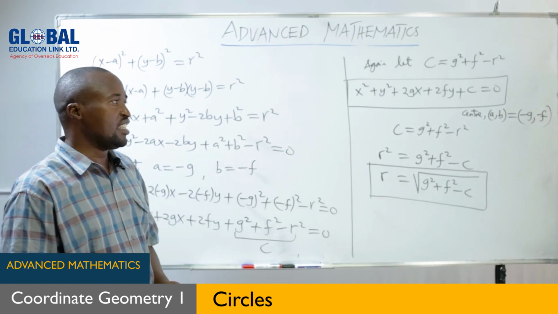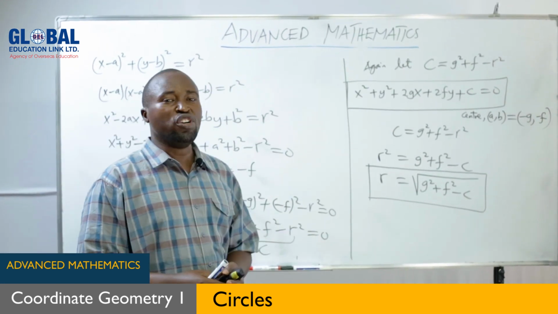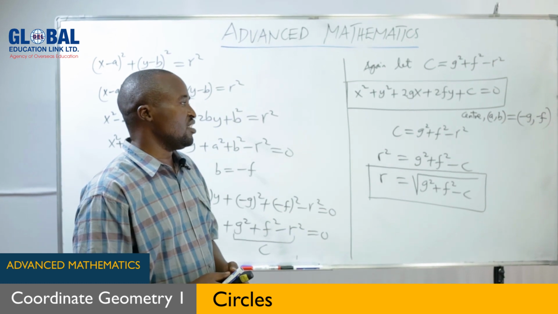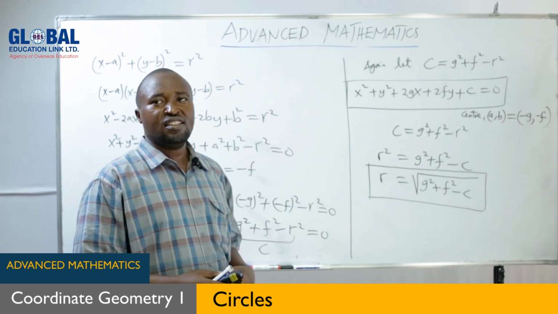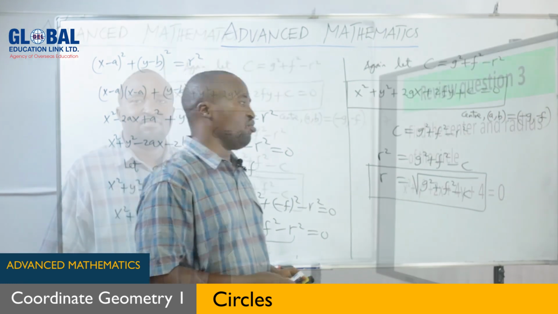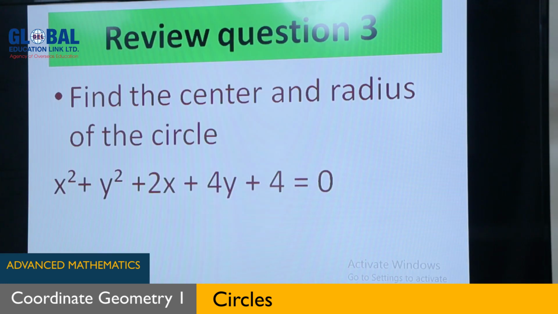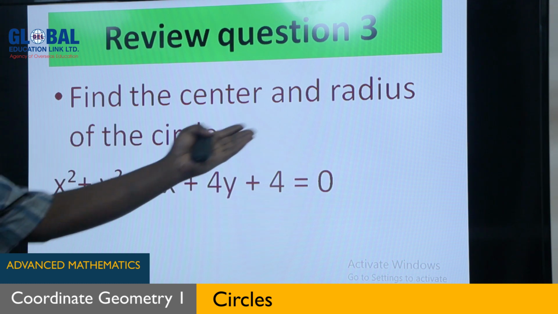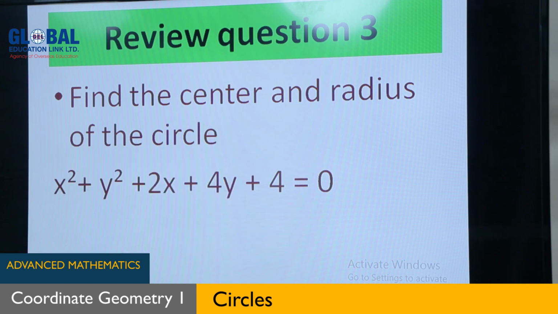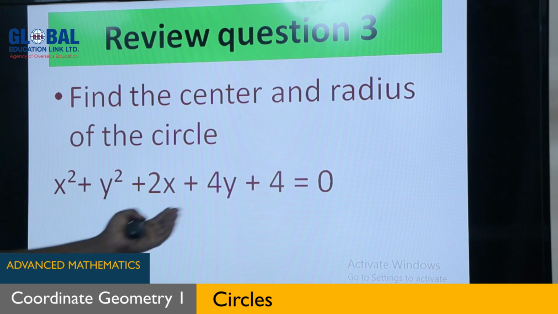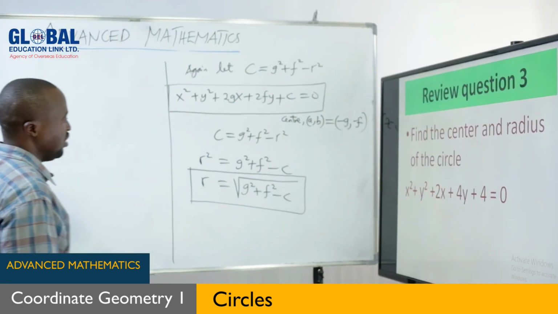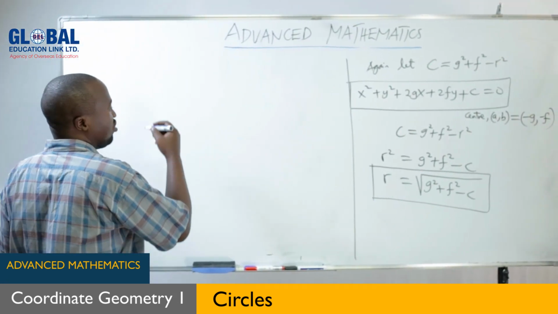So dear student, let us see the review question that is using such a kind of equation of the circle. So my dear student, here we have the review question, that is find the center and the radius of the circle. We have x squared plus y squared plus 2x plus 4y plus 4 is equal to 0. So we have been given the equation of the circle.